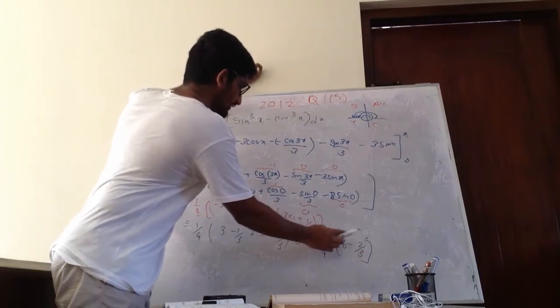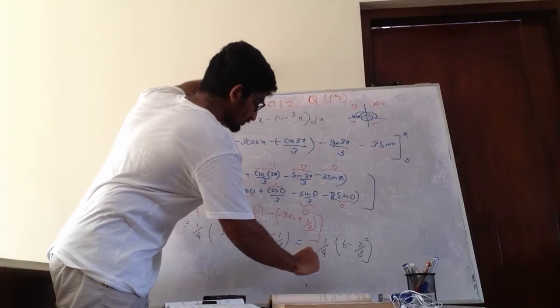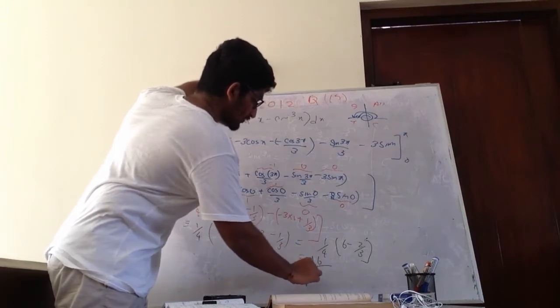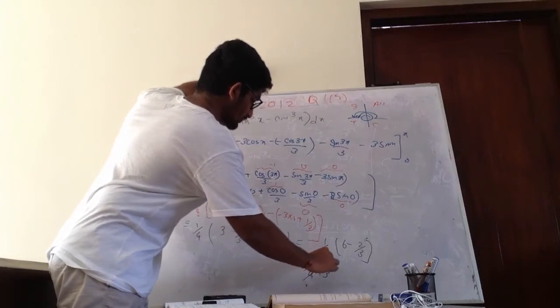So 18 minus 2 is 16, so 16 over 4 times 3, which is 4 over 3.